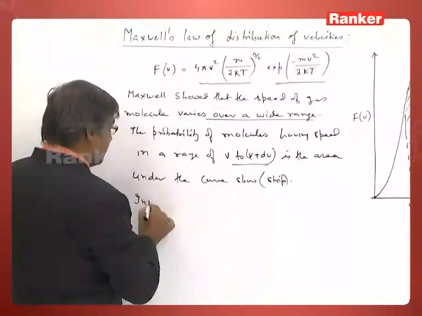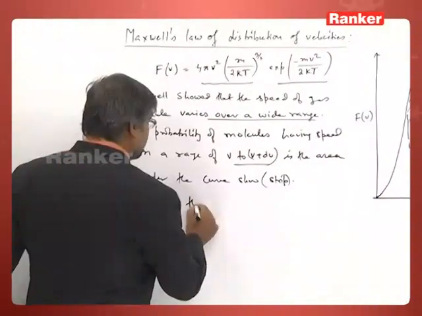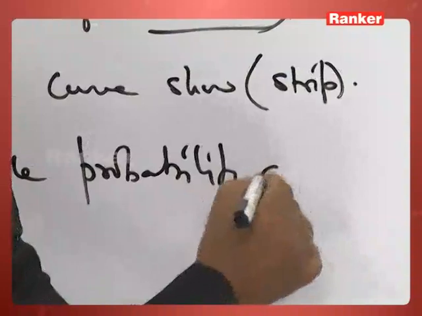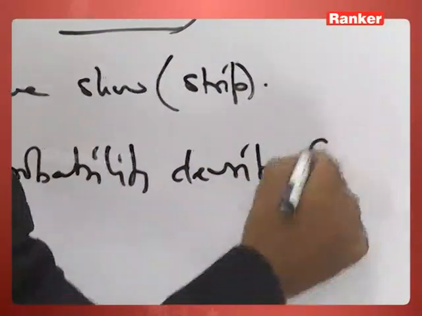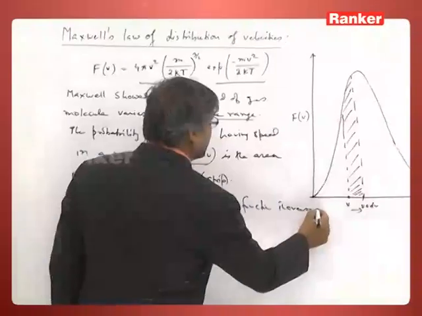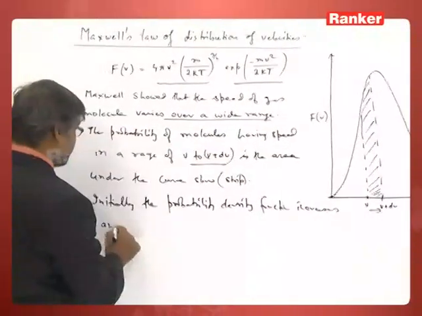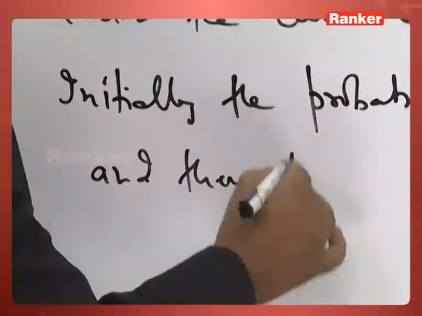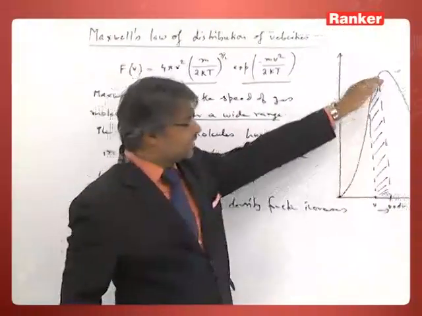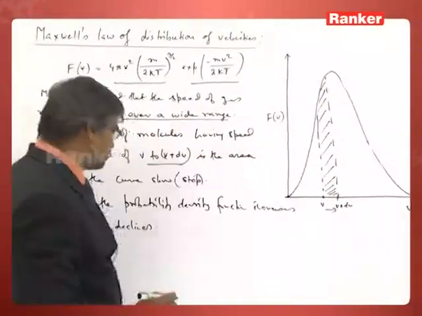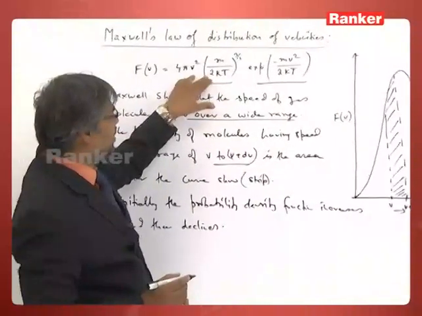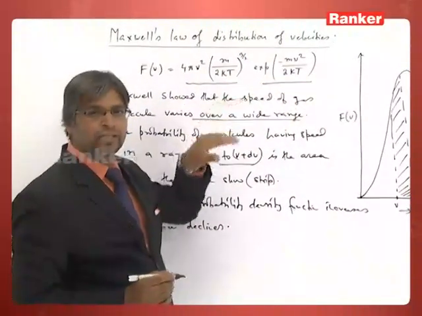Initially the probability density function increases and then declines. This curve is guided by two terms, the quadratic term and the exponential term.